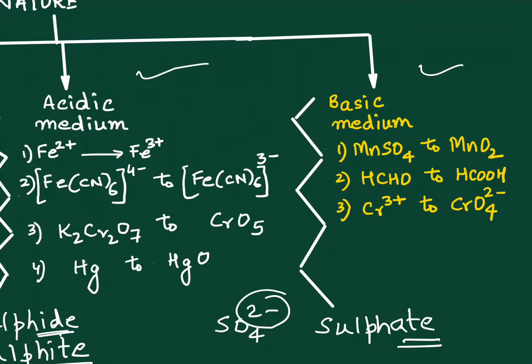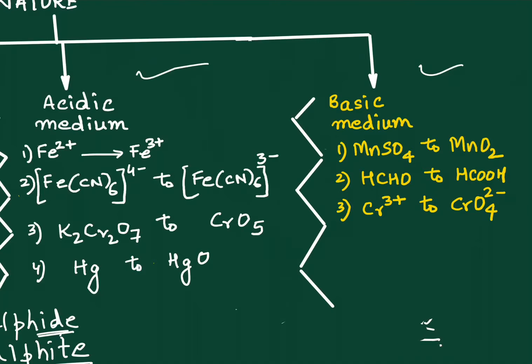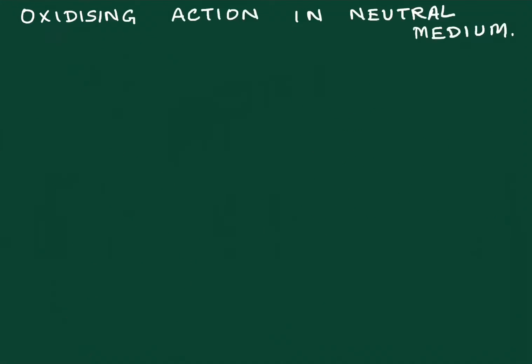Have you written it down? Right? So we focused first on the neutral and acidic medium, and then acidic medium and basic medium. If you've made a note of this, let's go ahead writing the reactions.